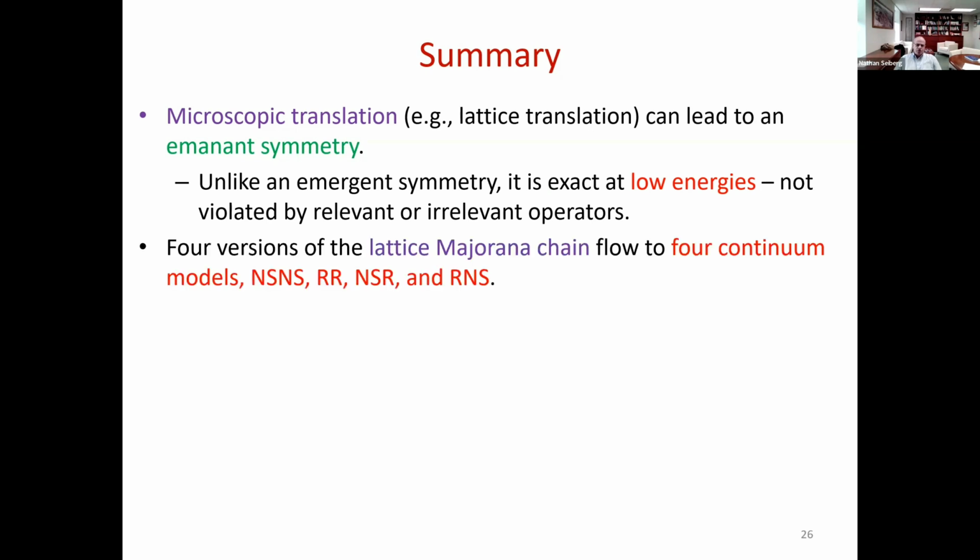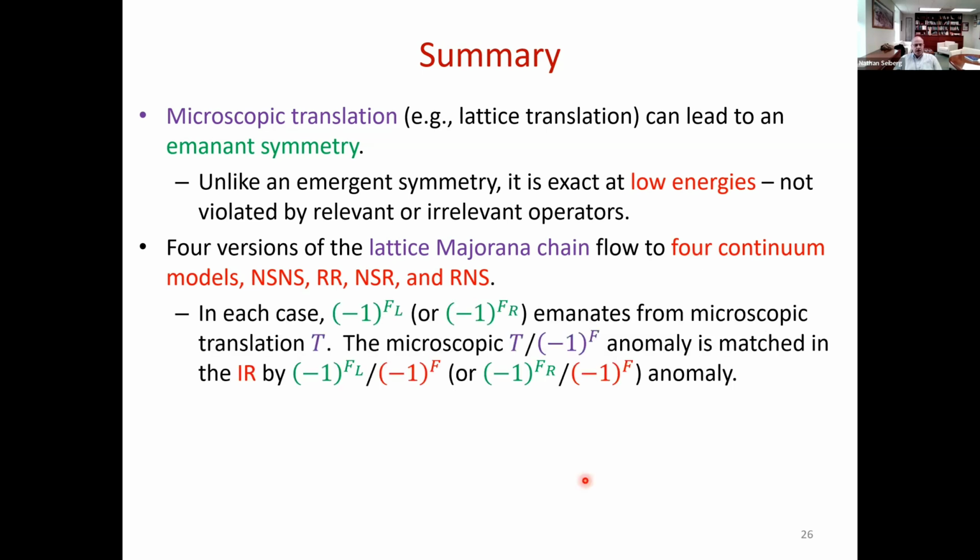First, we discussed 4 versions of the Majorana chain, depending on whether the number of sites is even or odd, and depending on whether the boundary conditions are periodic or anti-periodic. And they flow to the 4 different Majorana theories in the continuum, Neveu-Schwarz, Ramond, and NSR and RNS. In each case, we had microscopically some (-1)^F only when L is even.